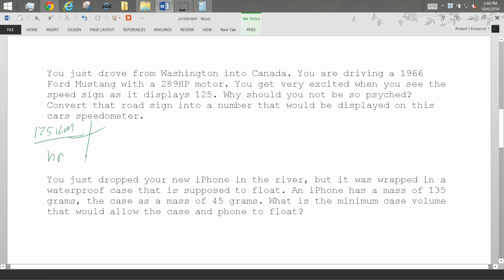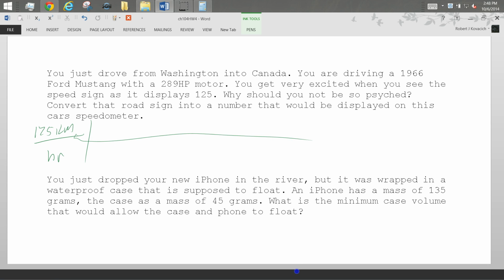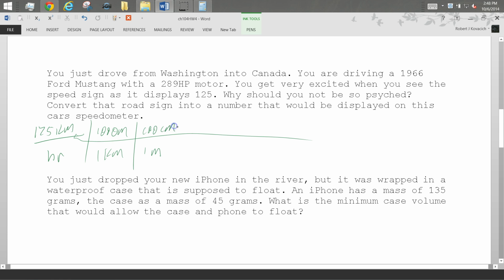There are two units with this, but we don't have to worry about the hour unit because it's miles per hour too. We just need to convert the kilometers. So I'm going to go 1 kilometer is 1,000 meters, and 1 meter is 100 centimeters. 2.54 centimeters is 1 inch, and 12 inches is 1 foot, and 5,280 feet is 1 mile.